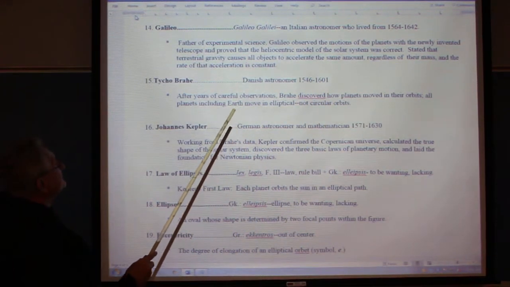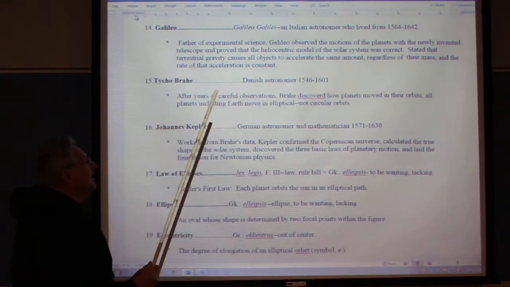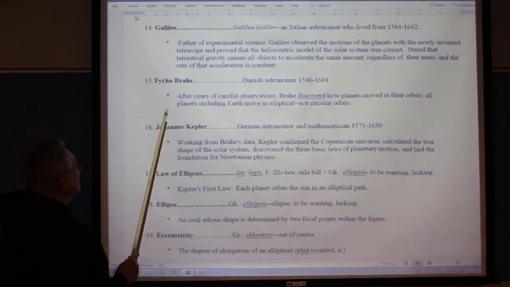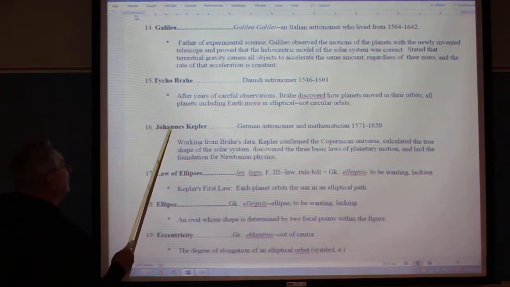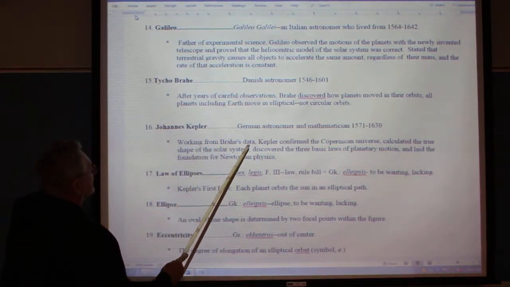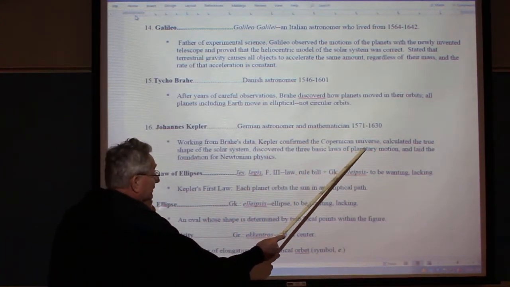But he didn't understand all these calculations and all these things he had, but he couldn't put it together. He had a young mathematician called Kepler who came and worked with Brahe's data. Kepler confirmed the Copernican universe.